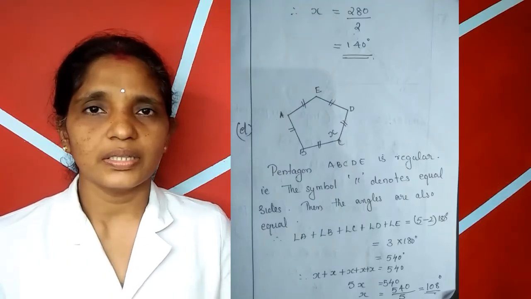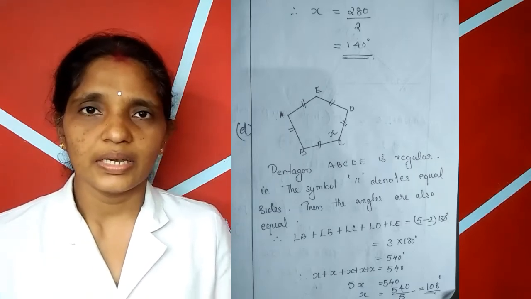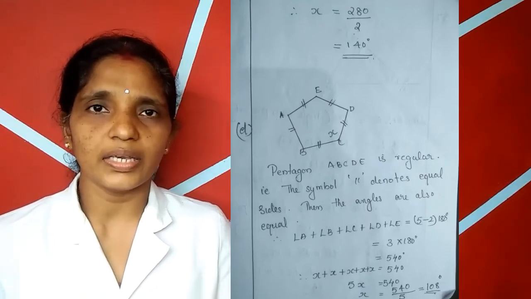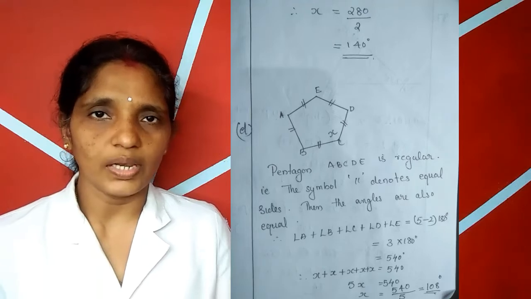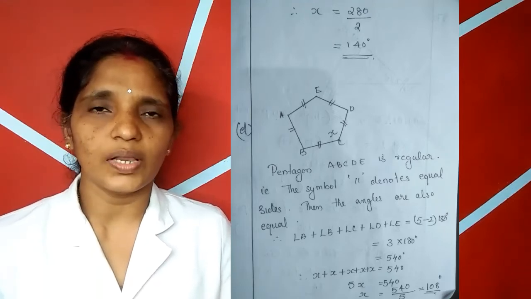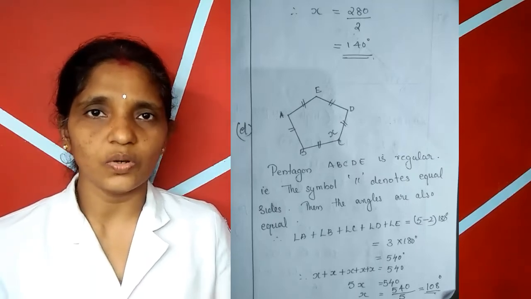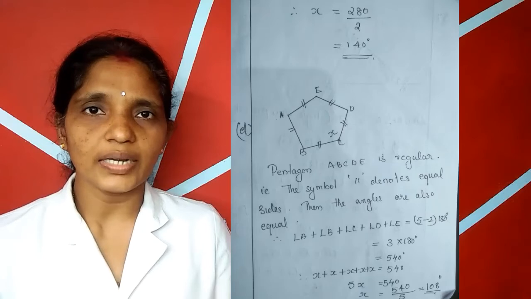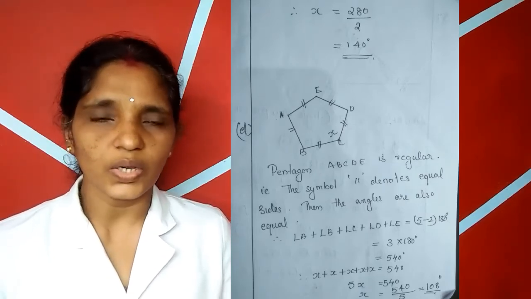That means they represent equal sides. If all angles in a figure are equal, then all sides are equal. If all sides are equal, then the angles will also be equal. So, here sides are equal. So, it is understood that the angles are also equal.